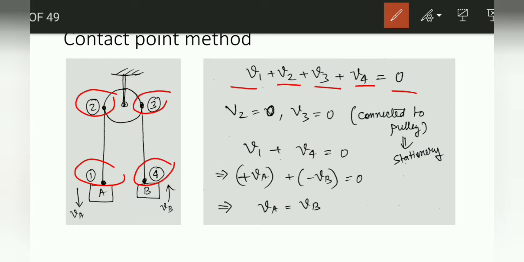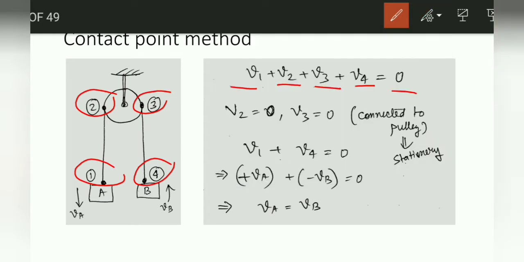Now we are not writing v1 minus v2, we are writing v1 plus v2, because the sign will be considered automatically. If the string is shortening, then we'll take the sign as minus. If the string is lengthening, then we'll take the sign as positive.